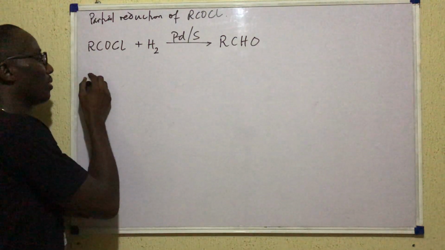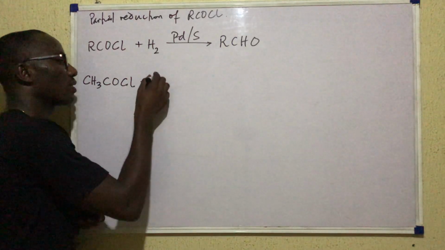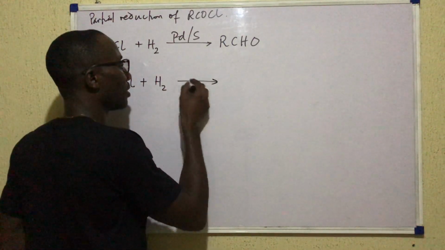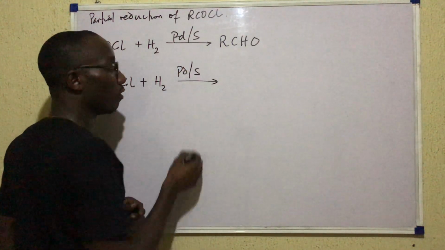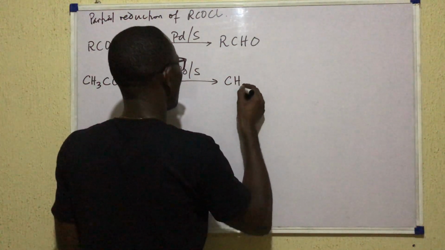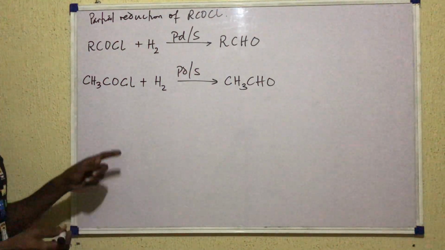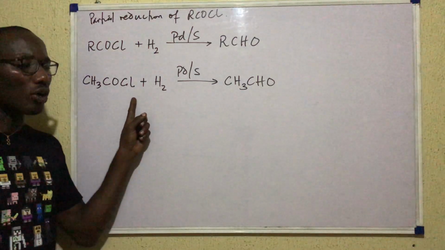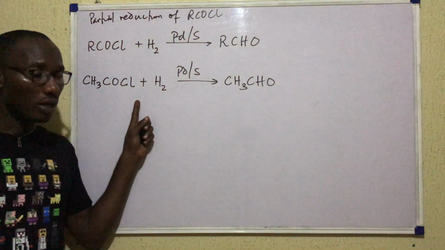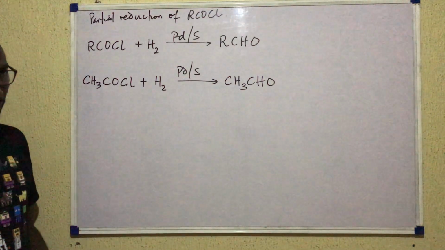See one example. Let's say I write CH3COCl plus H2, then in the presence of palladium and sulfur. I'm going to get CH3CHO as main product. So in this case, ethanoyl chloride has been converted into ethanal.